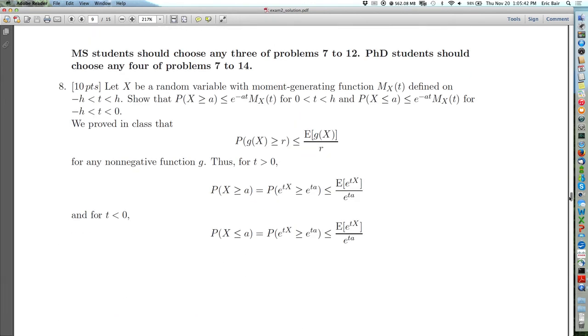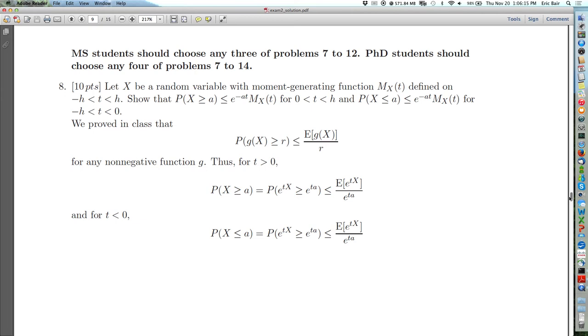Not a huge number of people chose question 8, but generally speaking, those who did choose question 8 usually got it right. The simplest way to do it is to recognize that it's basically a trivial corollary of Chebyshev's inequality, or what my notes called Chebyshev's inequality, that the general result, the probability that g of x is greater than or equal to r is less than or equal to the expected value of g of x over r.